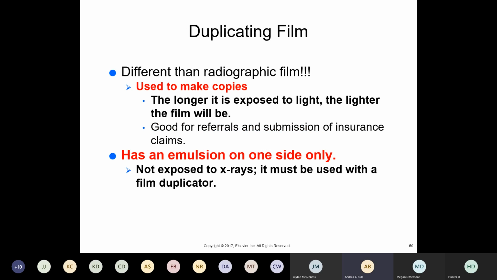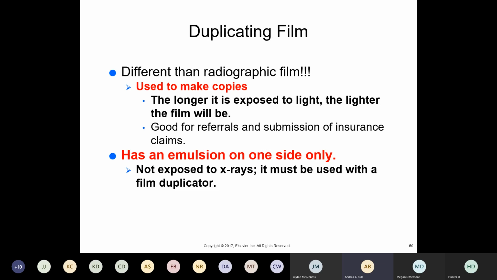We're going to talk about duplicating film last. This is different than radiographic film. It's, like I said, used to make copies of images that have already been taken. The longer it is exposed to light, the lighter the film will become. This is completely the opposite for intraoral and extraoral. Remember, light falls on that electromagnetic spectrum.